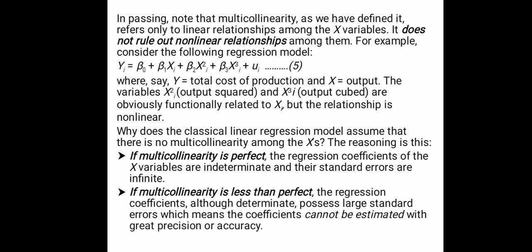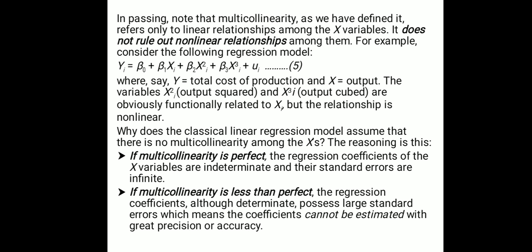Next, in passing, note that multicollinearity as we have defined it refers only to the linear relationship among the x variables. It does not rule out a non-linear relationship among them.